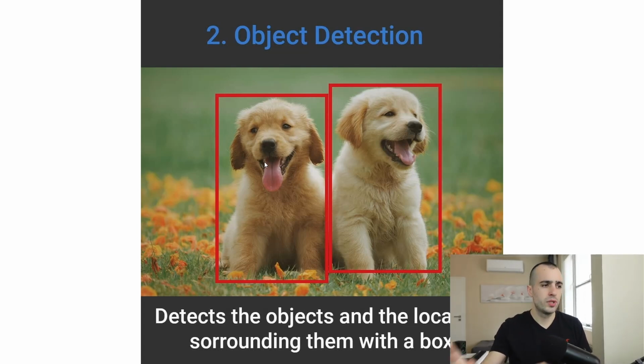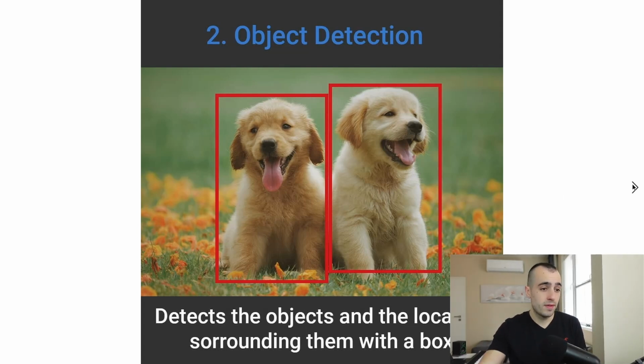And through object detection, we can also separate them, so even if they are touching together, we know that these are 2 separate dogs and we have 2 different bounding boxes. And one of the most popular algorithms for this is YOLO. We have different versions of YOLO for object detection, which are commonly used nowadays.